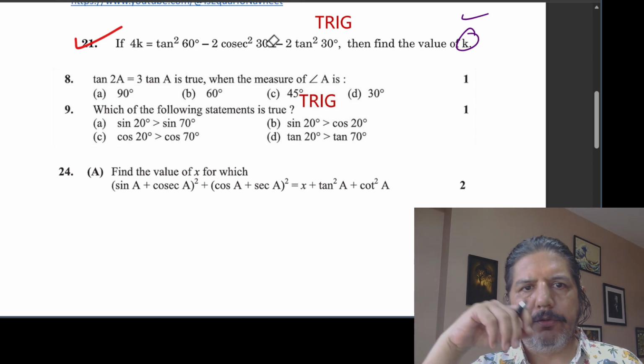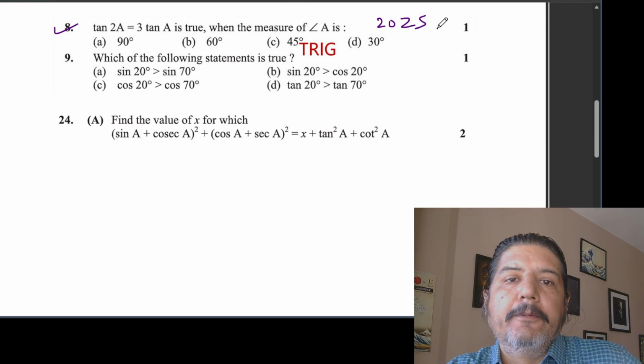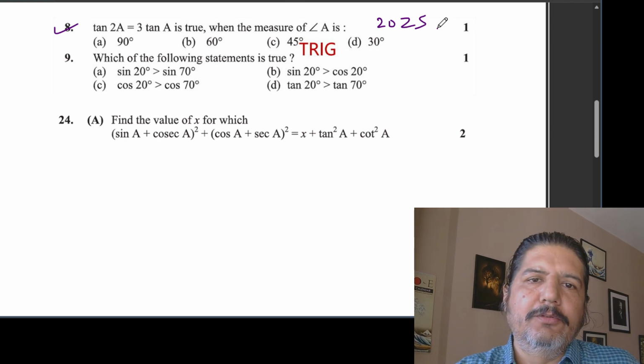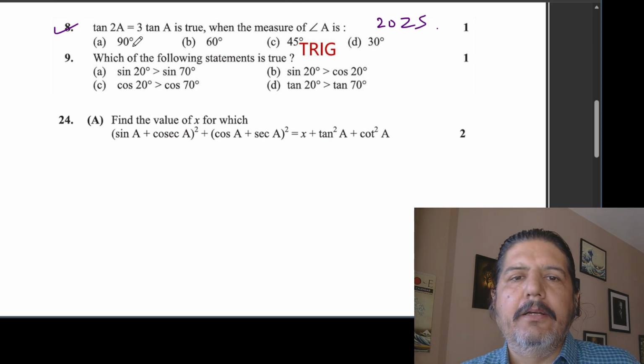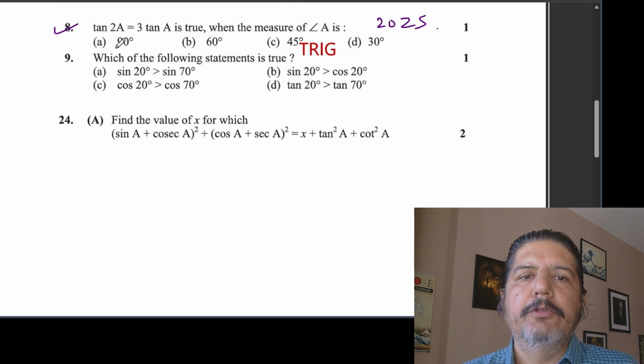So the next question, how do we do it? We can do this by hit and trial. What it implies is that in all MCQ questions, wherever you are facing any difficulty, you try to put each of the answers in the equation.